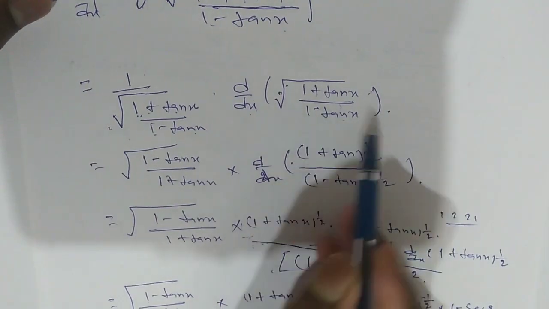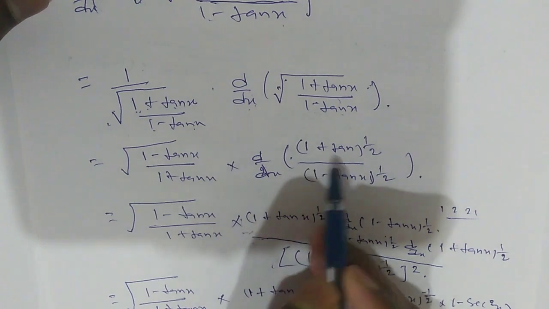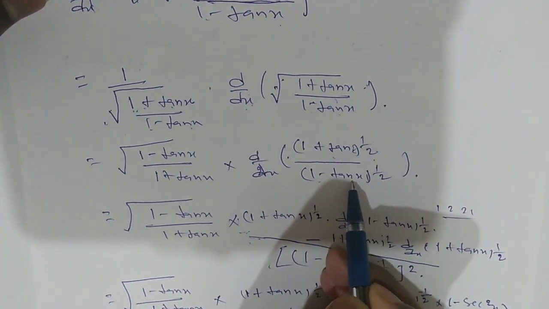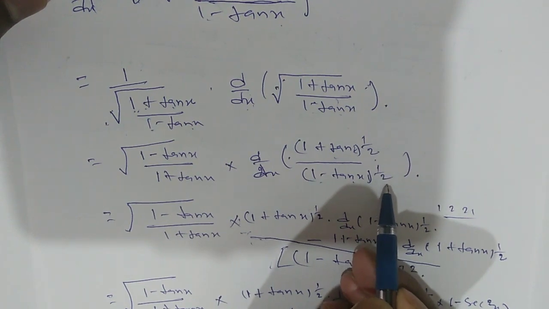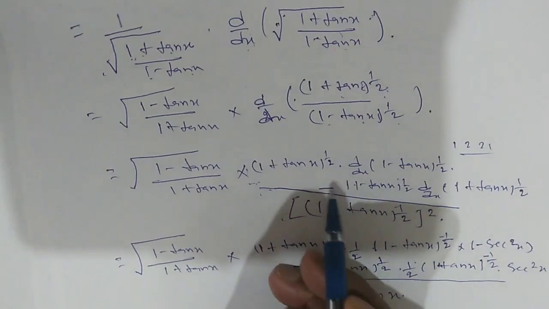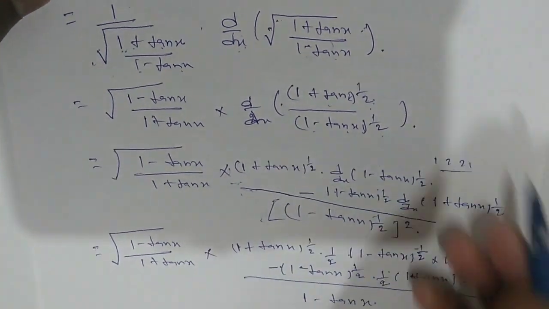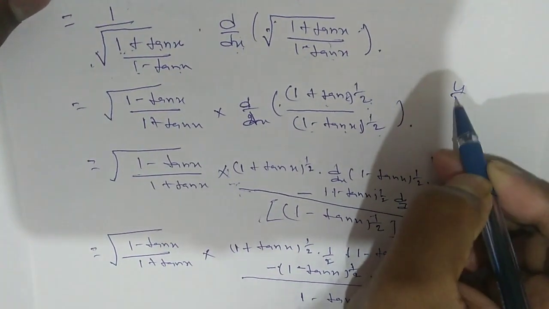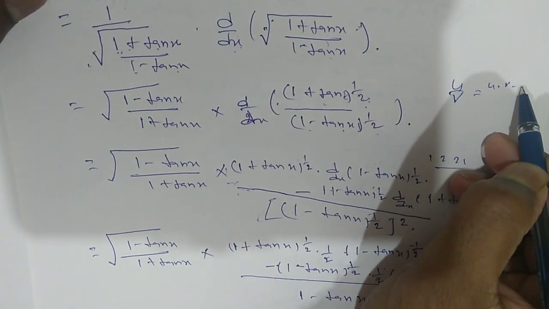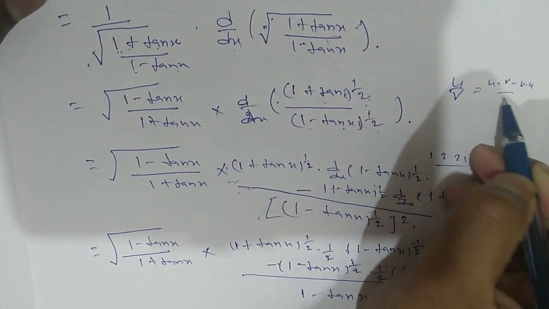After converting this one, right here 1 plus tan x raised to power 1 by 2 and 1 minus tan x raised to power 1 by 2. 1 by 2 is root value. Next one, putting as u upon v, it means v du minus u dv upon v squared.